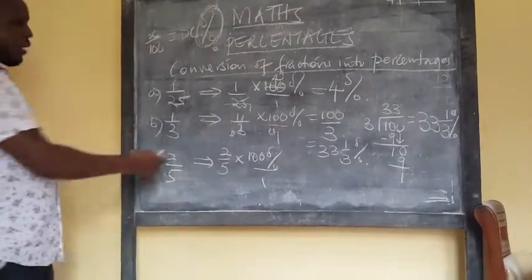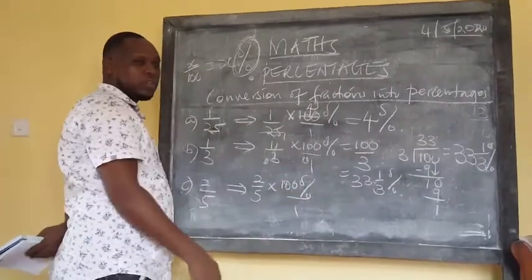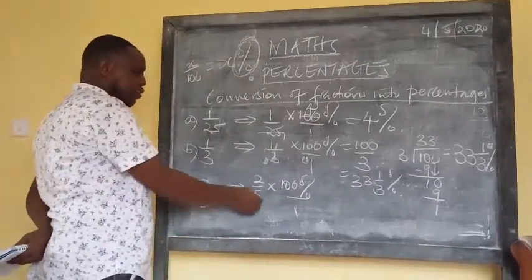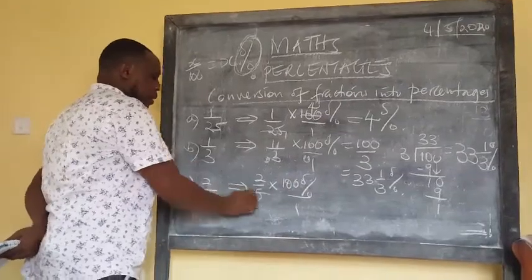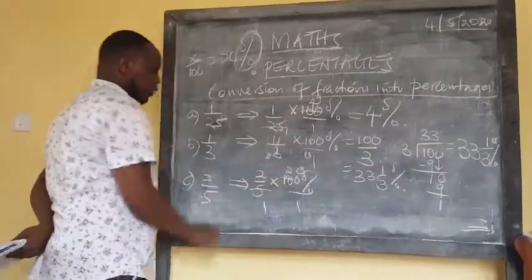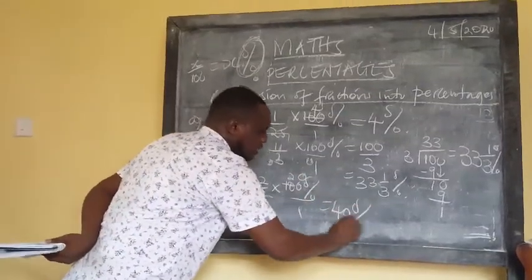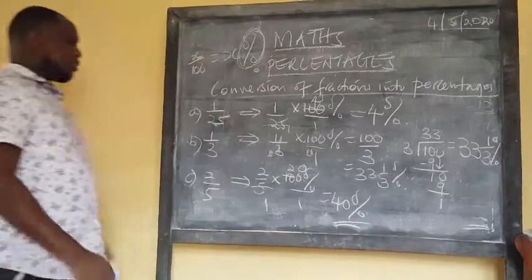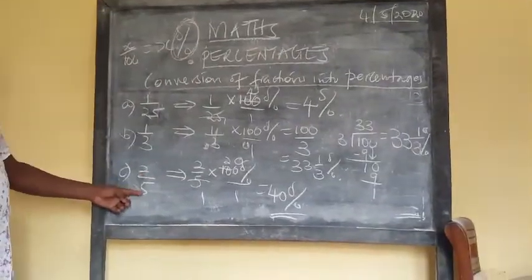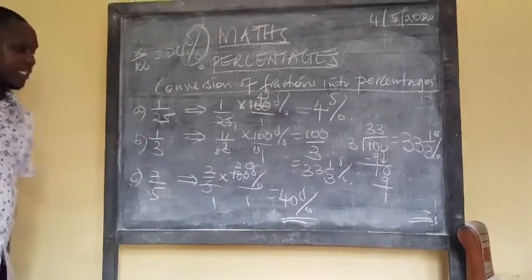So we don't need to multiply 2 times 1 to get 2 and 5 times 1 to get 5 and then divide using long division. No. We can divide because there is a common divisor here. 5 gets into 100, 20 times. So 2 times 20 is 40%. So 2 over 5 converted into a percent gives you 40%.